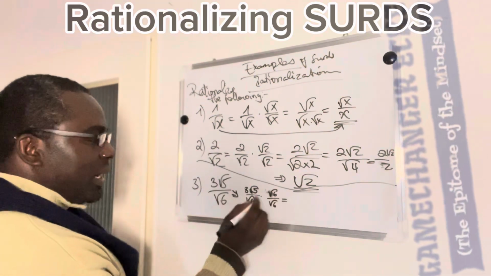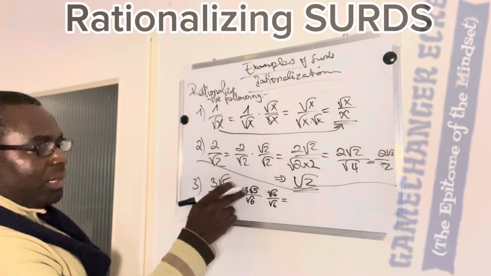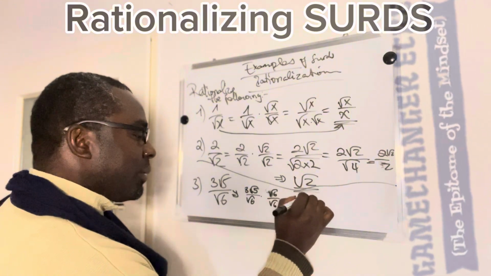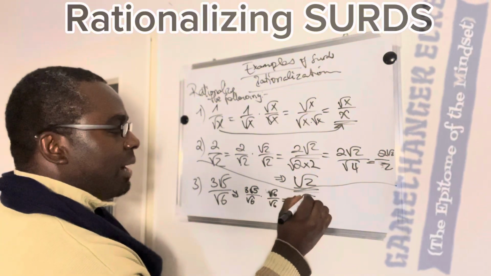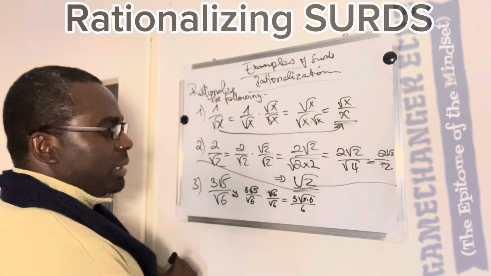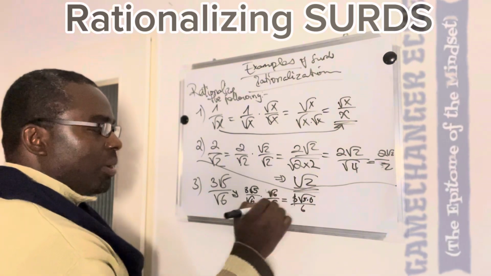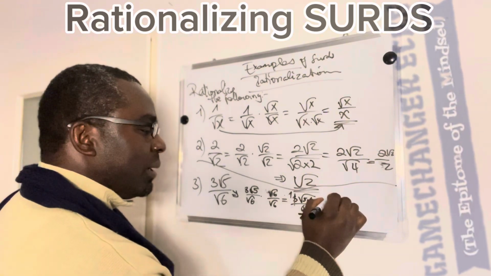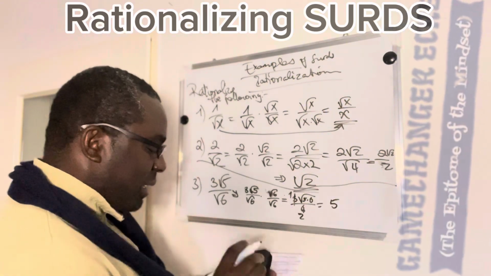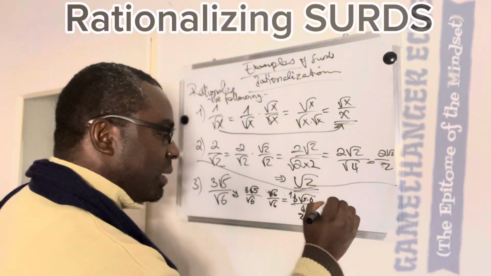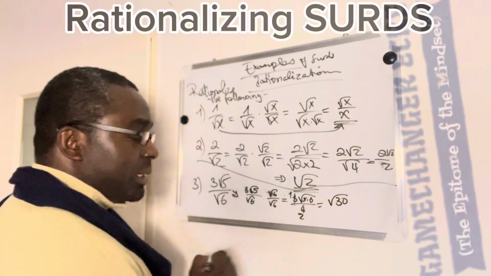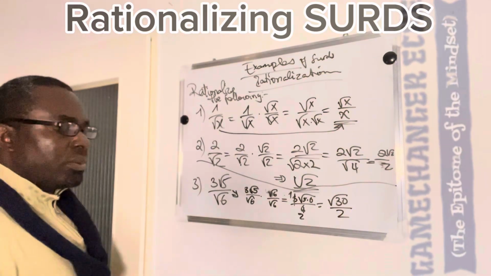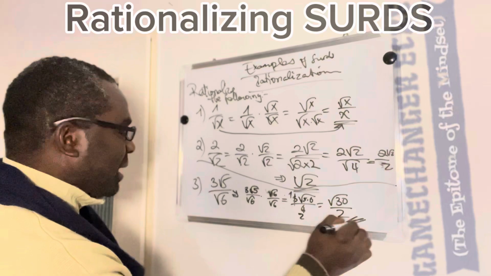So this one now will be 3 root 5 times root 6, which is still the same as 3 root 5 times 6 on 6. This one goes here 1, this one goes 2. We now stay with 5 times 6, which is the square root of 30. The square root of 30 on 2. And that will be our answer for this.